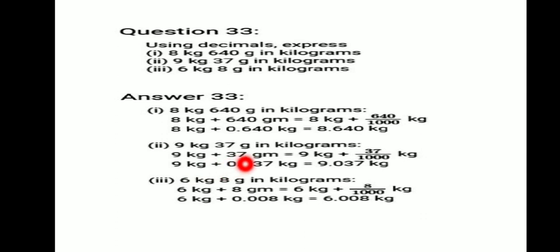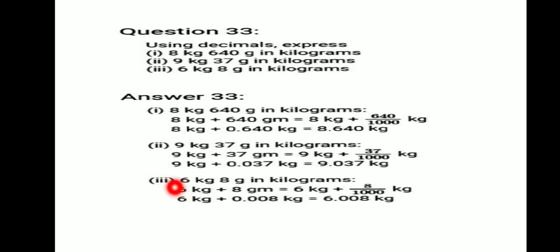Next, 9 kg 37 gram in kilogram. 9 kg plus 37 gram is equal to 9 kg plus 37 upon 1000 and it should be 9.037, because we have 1000 gram in 1 kg, so it should be 9.037.